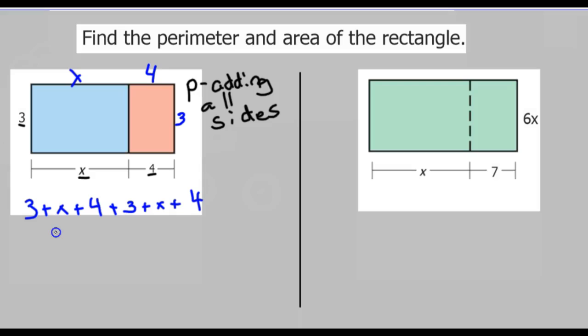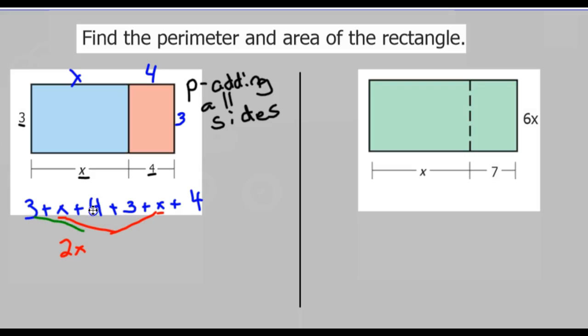So now we need to do what's called combining like terms. So we need to look and see if we have 2 of the same variable. And we do. We have 2 of the same x's. So we can combine those two. x plus x, that's going to give us 2x. And now we look for our other terms, the ones without the variable.